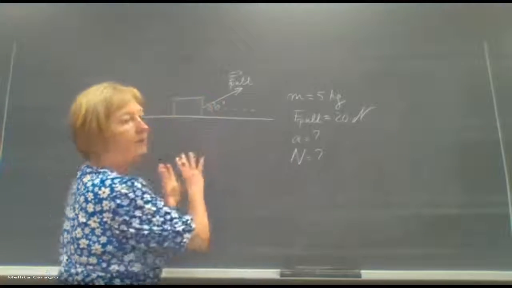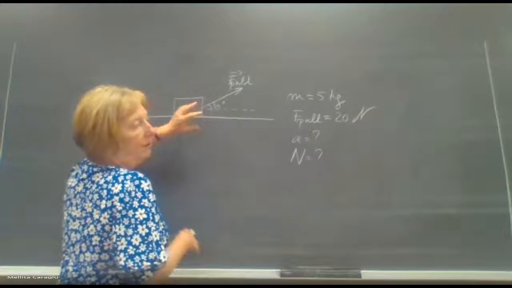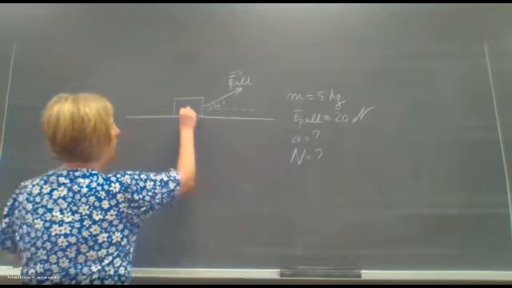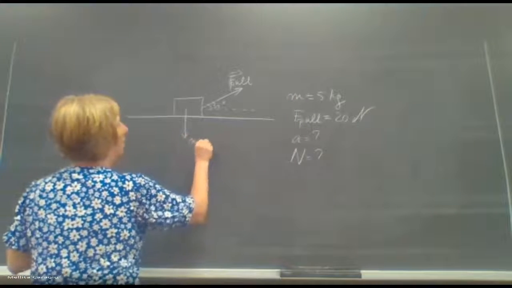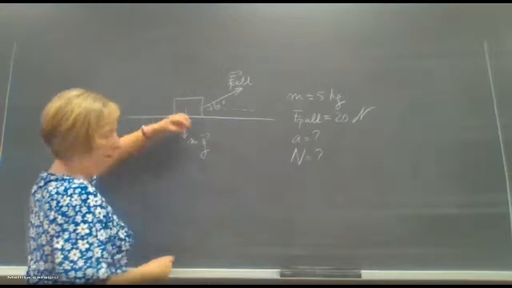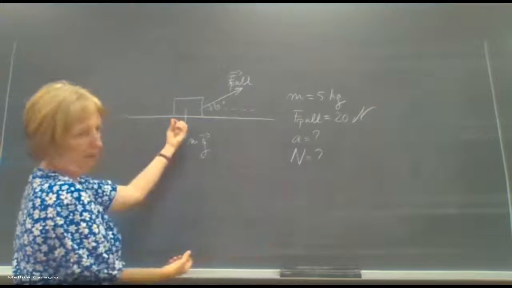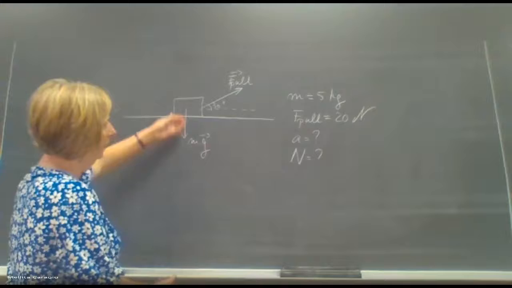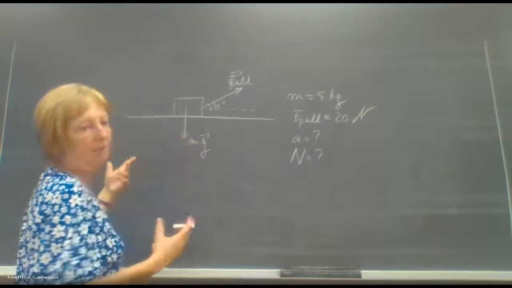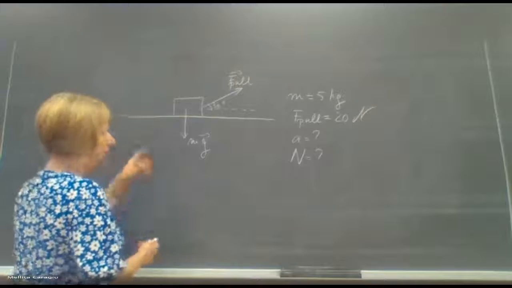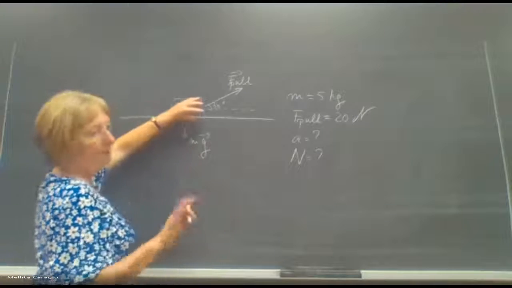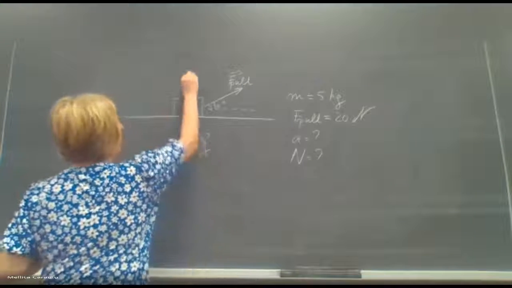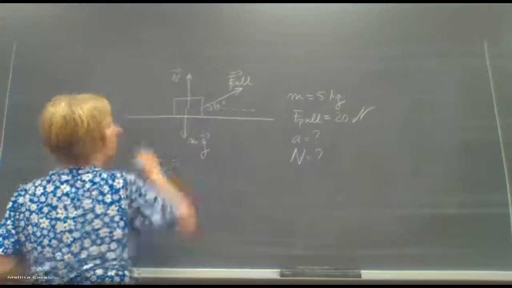Okay, so first things first, you have to draw all the forces that act upon the object. The moment they give you the mass, you have to put the weight, right? The weight, which we know is the force that the earth exerts upon the object, points directly down towards the center of the earth. The magnitude is the mass of the object times 9.8 meters per second squared. So that's one force. Another force, obviously, because it sits on a hard surface, is the normal force.